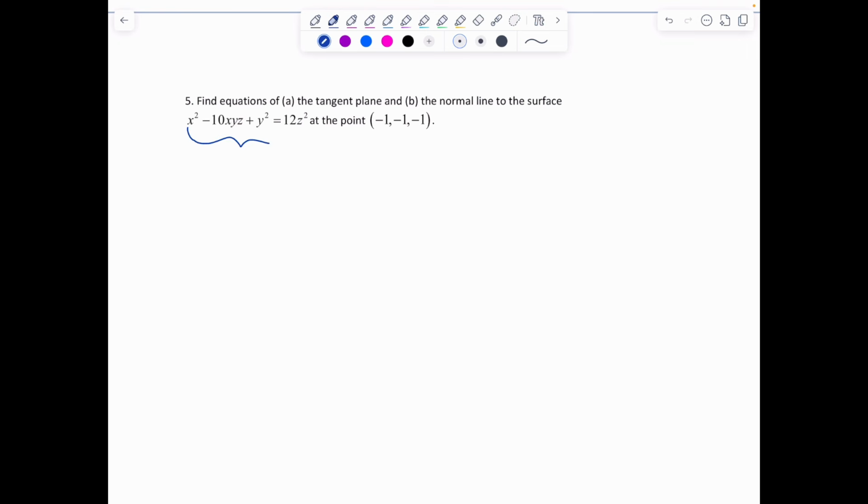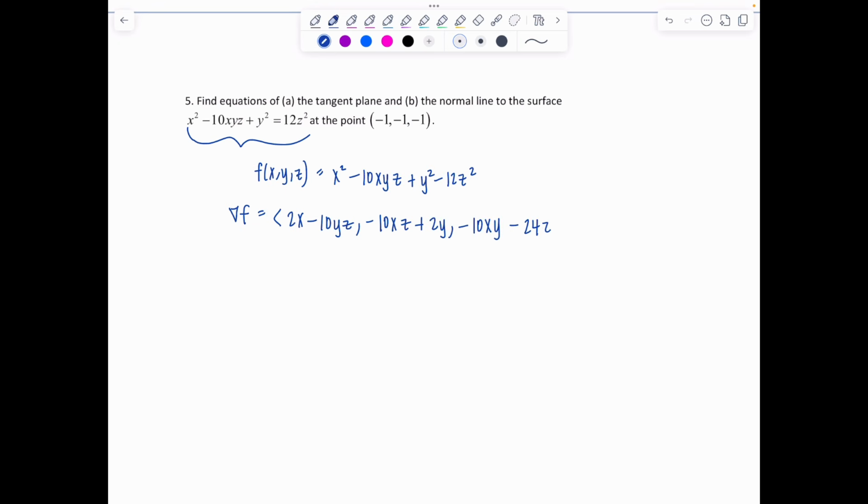So let's first define a function f of x, y, z, and we'll let it be x squared minus 10xyz plus y squared minus 12z squared. Then the gradient of f is going to be, look at this relaxing little polynomial, (2x - 10yz, -10xz + 2y, -10xy - 24z).